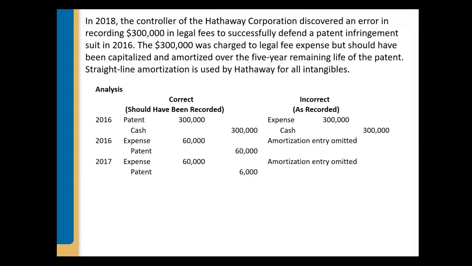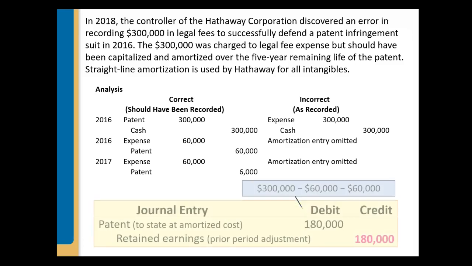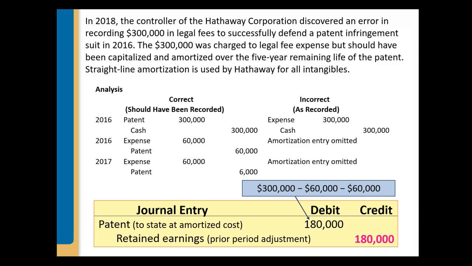So during the 2-year period, amortization expense was understated by $120,000, but other expenses were overstated by $300,000. So net income during the period was ultimately understated by $180,000.